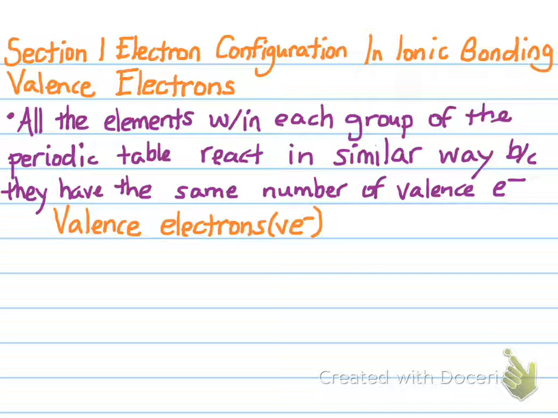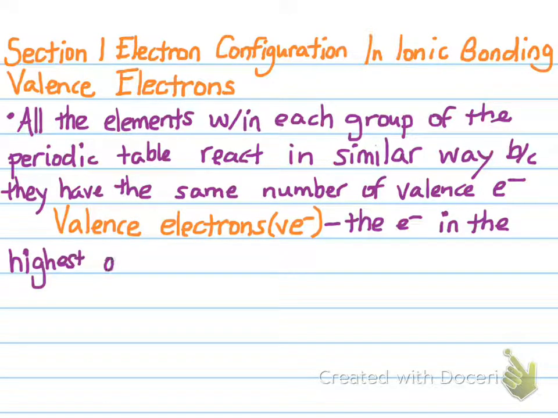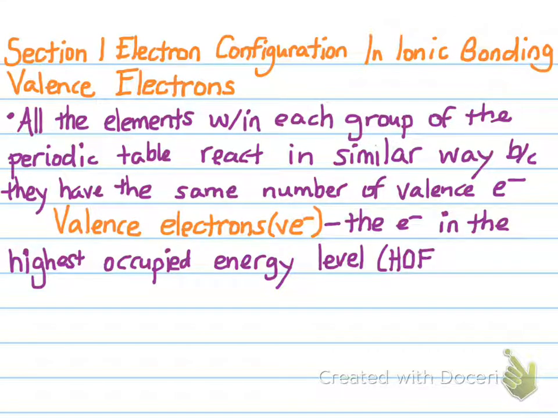The definition of valence electrons: the electrons in the highest occupied energy level. Remember, we've abbreviated this before, the HOEL, of an element's atoms.